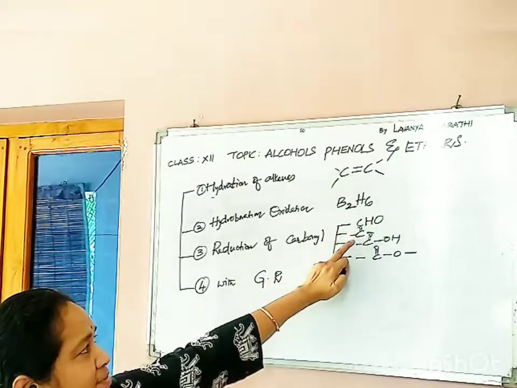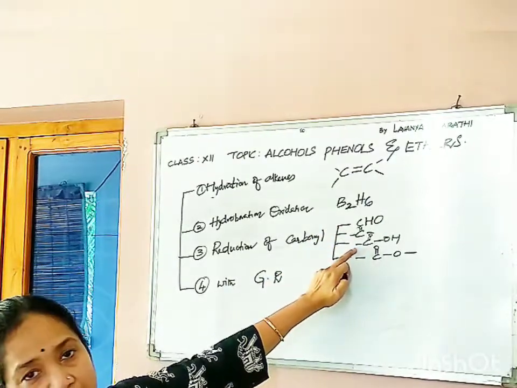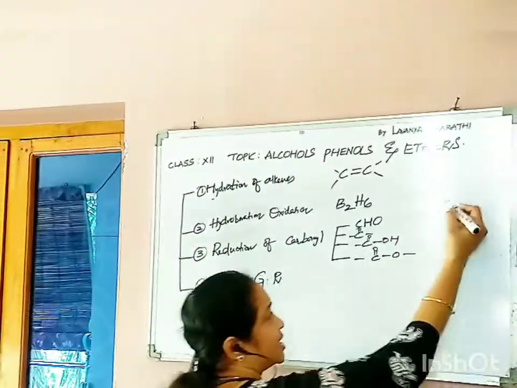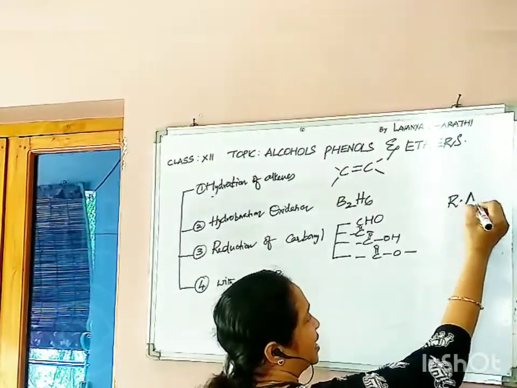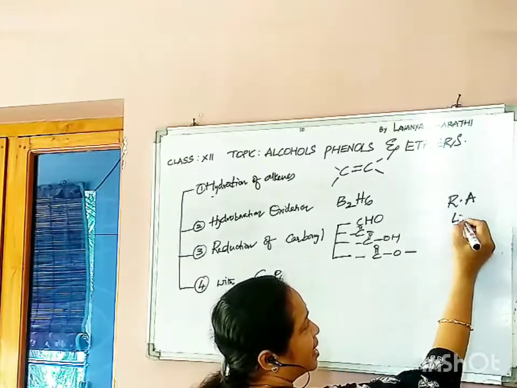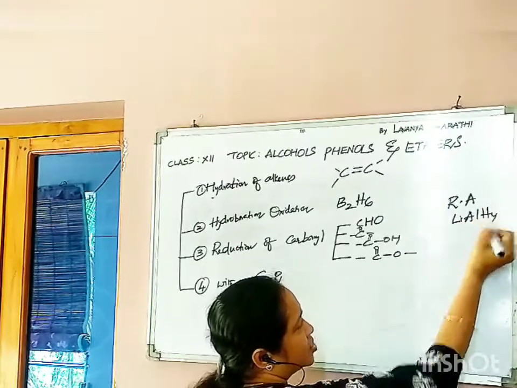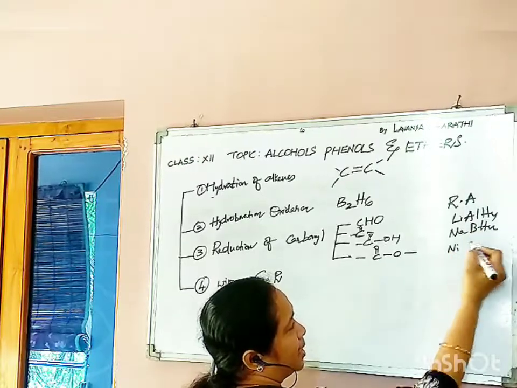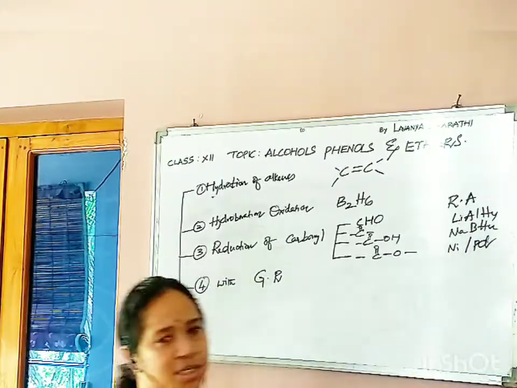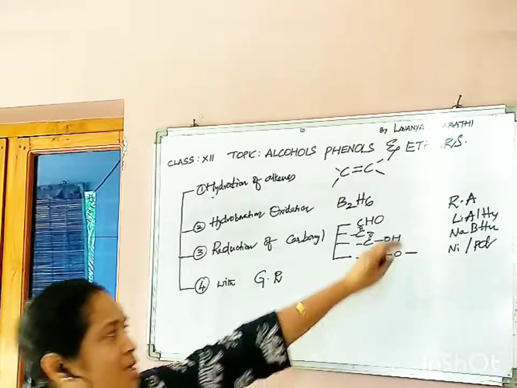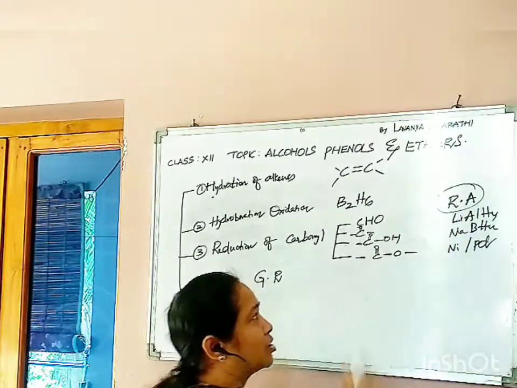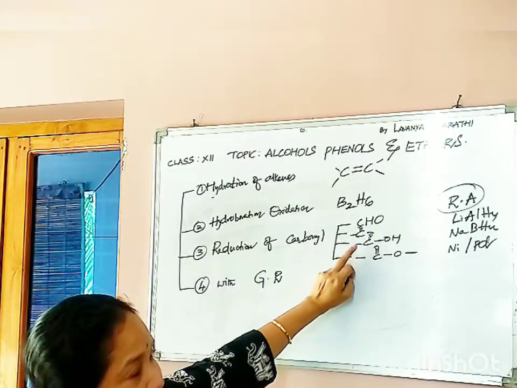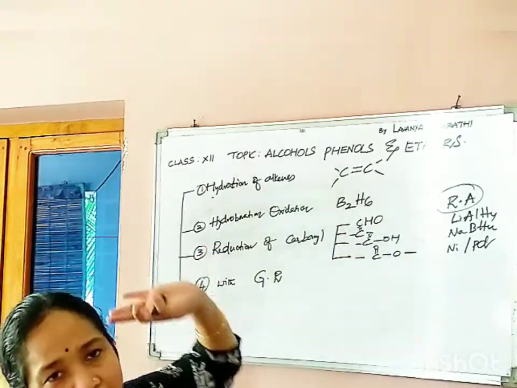From aldehydes, ketones, carboxylic acids and esters, we can make alcohols by using particular reducing agents, namely lithium aluminium hydride, sodium borohydride, as well as nickel or palladium catalyst with hydrogen, occluded hydrogen. These are the reducing agents used in converting aldehydes, ketones, acids as well as esters into alcohols.